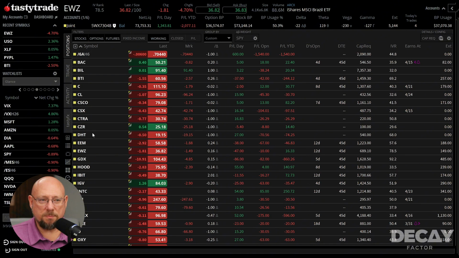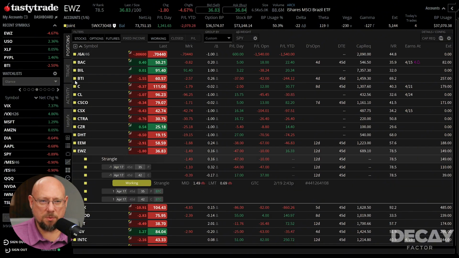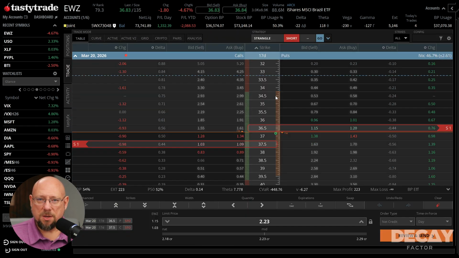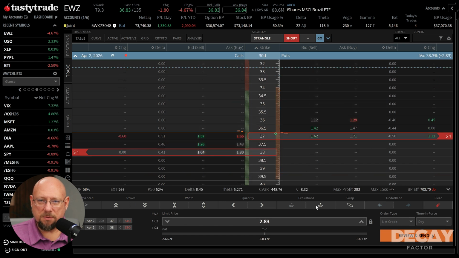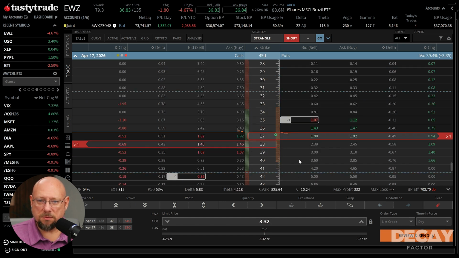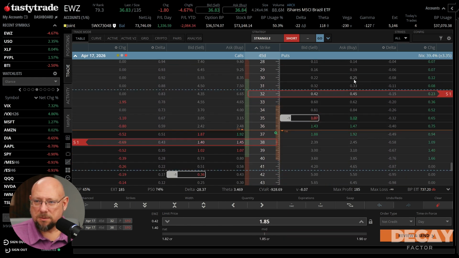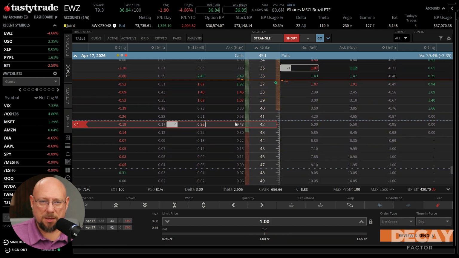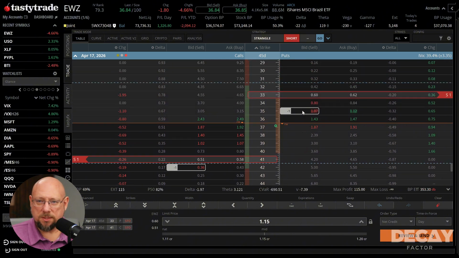EWZ, we already have at least one position on in EWZ. We're only using 689 in buying power. So if it's advantageous for us to add another position here in EWZ, we will certainly do that. So let's prop up a new one here. Let's go to the 20 delta and the 22 delta. $1.15 credit, buying power effect 353, pop is 69 with a P50 of 82.